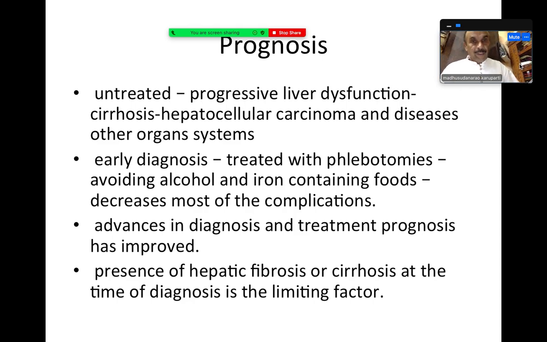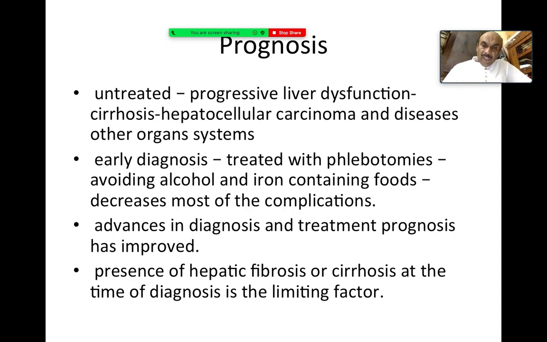Early diagnosis, treated with phlebotomies, avoiding alcohol and iron containing foods, there will be decrease of most of the complications with reduction in morbidity and mortality. Though mortality will be delayed, the suffering associated with the complications will be reduced in terms of cardiac dysfunction and insulin sensitivity.